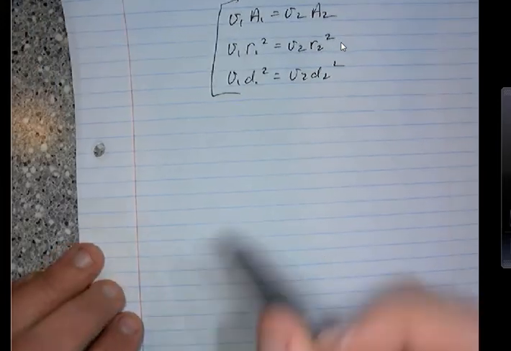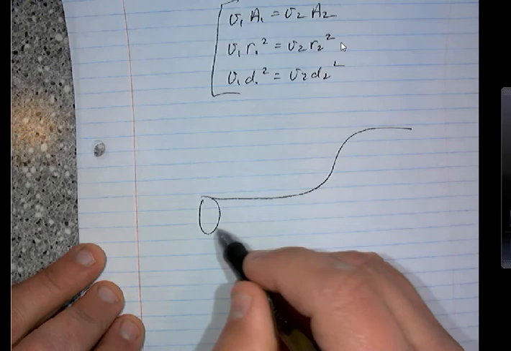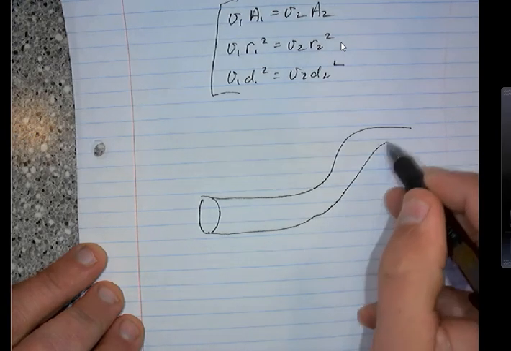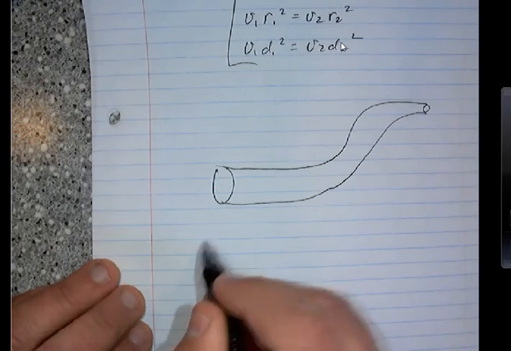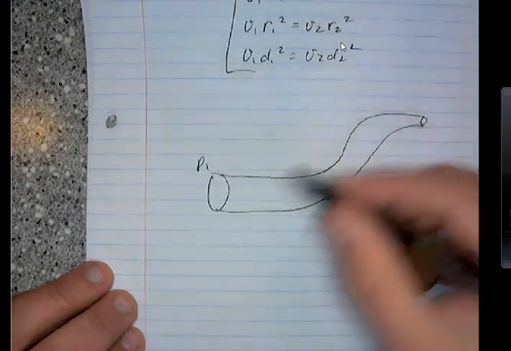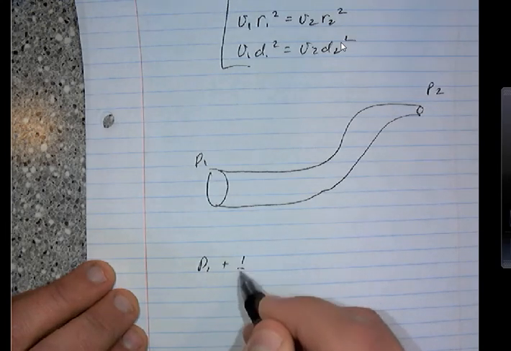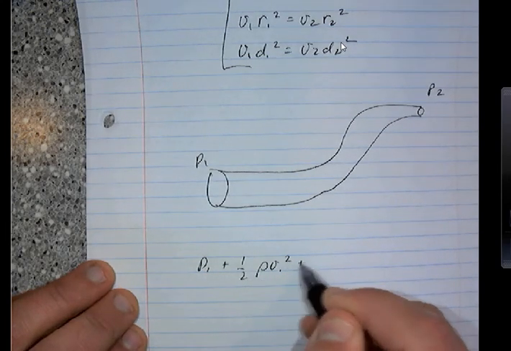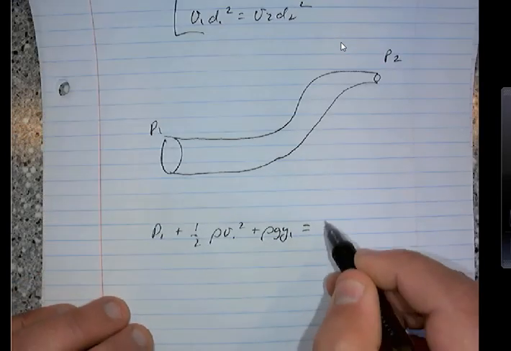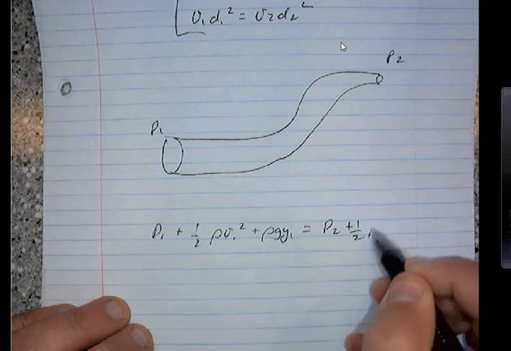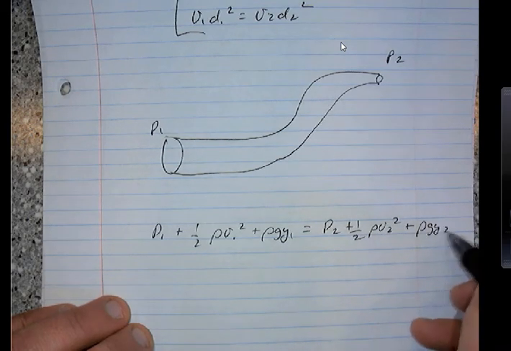We also had Bernoulli's equation, and we did some examples in class. Maybe it even gets narrower here. So Bernoulli's equation was, let me call this pressure 1 and this pressure 2: pressure 1 plus 1/2 rho V1 squared plus rho g y1 is equal to pressure 2 plus 1/2 rho V2 squared plus rho g y2.